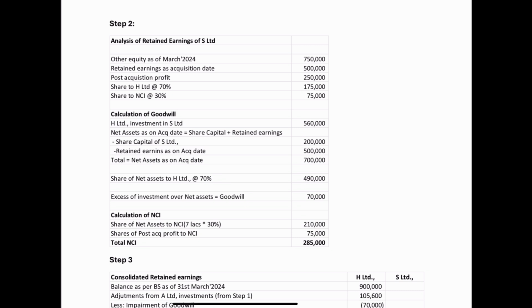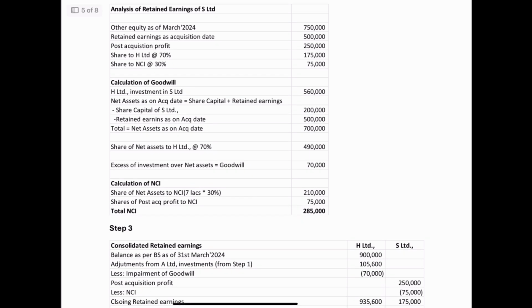Let's keep it. Okay. So then it has been given that the goodwill has been impaired. So we'll have to see how much is the goodwill which has been impaired. So let's try to calculate the goodwill here. And yeah, it has been given that H Limited has invested in S Limited for 5,60,000 rupees. Okay. And as on the date of the acquisition, the share capital is 5 lakh rupees, and the retained earnings is 5 lakh rupees.